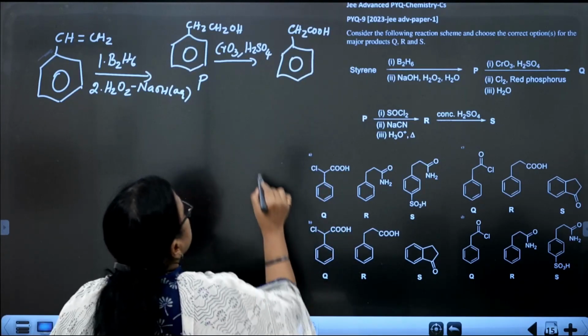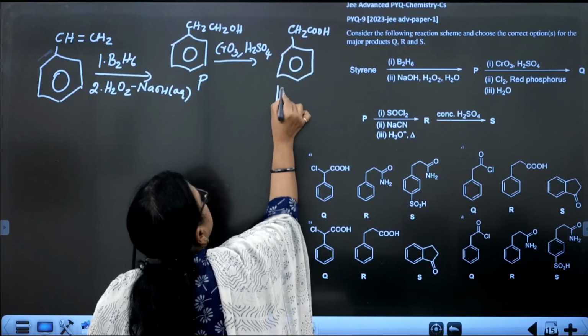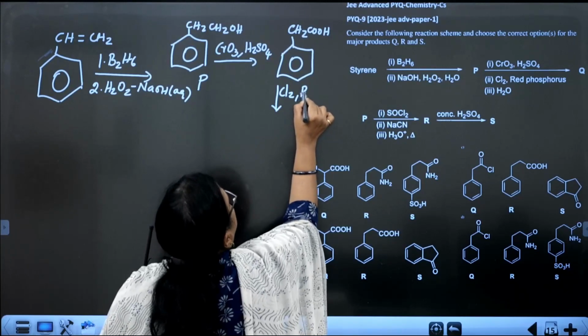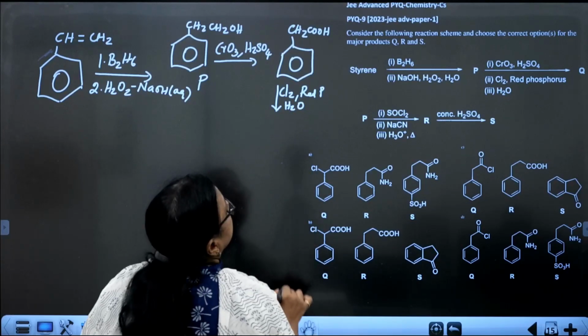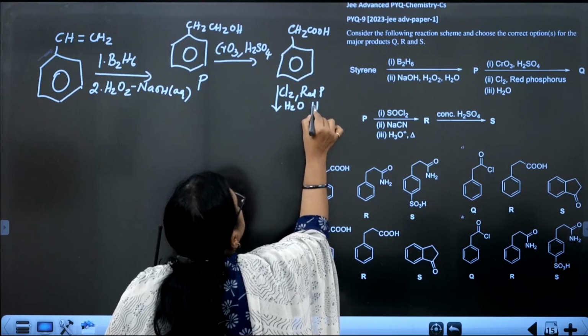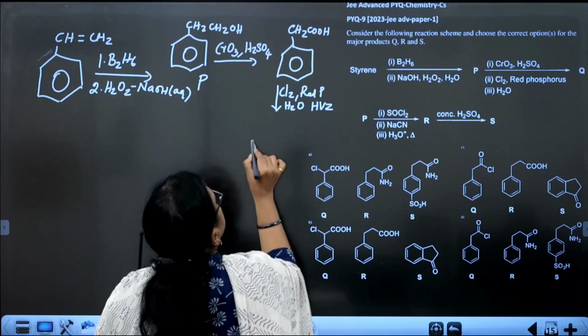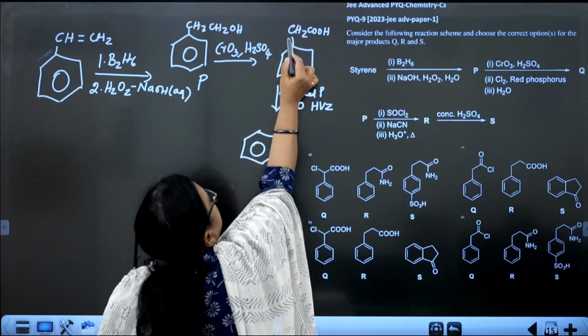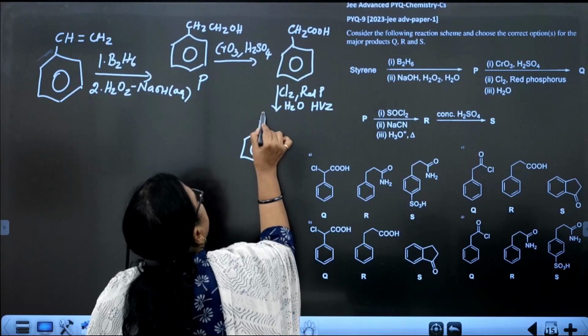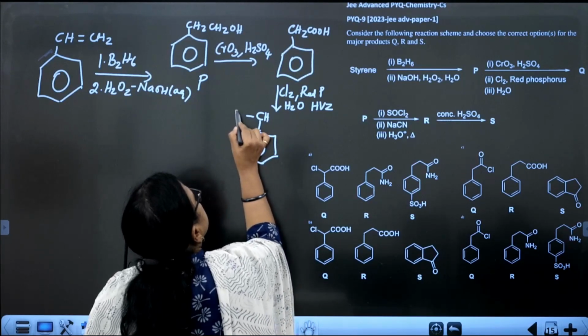And this compound is subjected to treatment with chlorine and red phosphorus followed by hydrolysis. It undergoes the reaction called HVZ reaction, and since it has alpha hydrogen, alpha halogenation occurs.